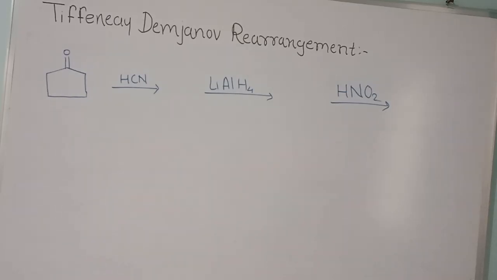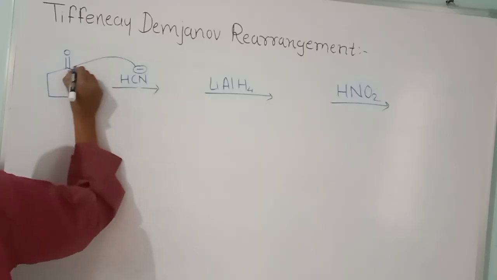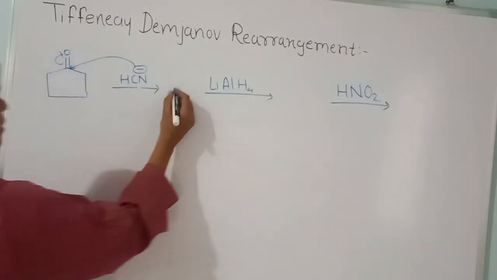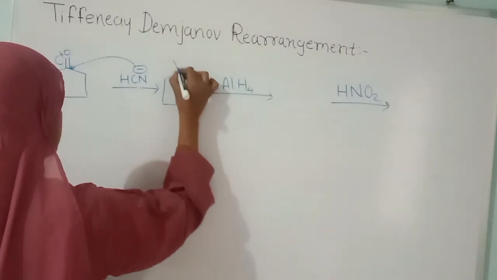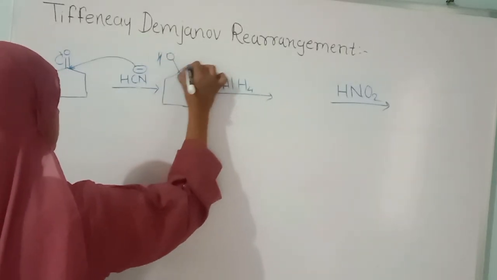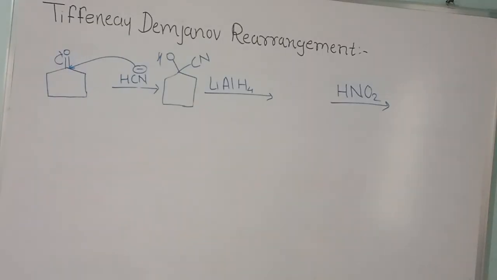Here your cyclopentanone is reacted with HCN, then this CN will be attacked here, O minus, then it will form the product like OH and CN.